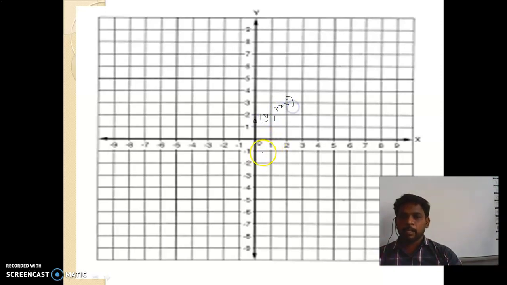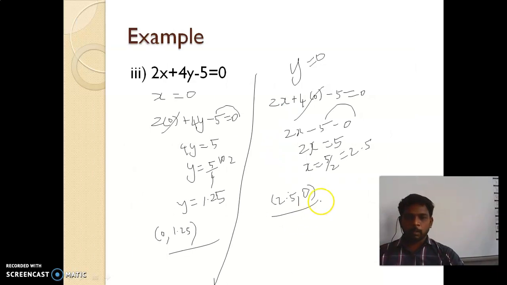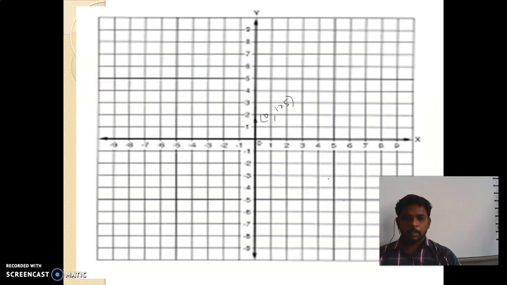And the next point is (2.5, 0). Here 2 is there, 2.5 may be here, and 0 also here. So this one is (2.5, 0). Next, connect these two with a straight line.